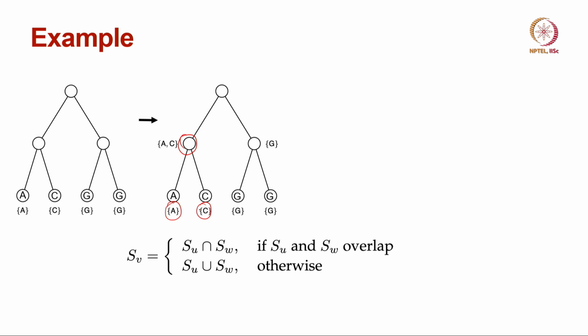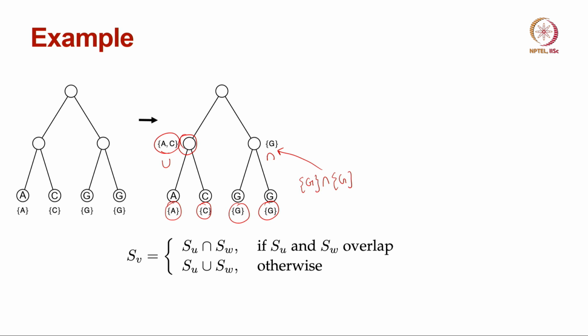Therefore, we would take the union of the two sets and compute the capital S set as the union, which is A, C. In this case, both the sets overlap, which means that we will take an intersection, and the intersection of G with G is simply G. So, here we took union and here we took intersection.